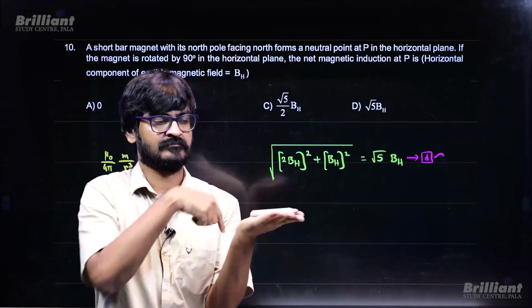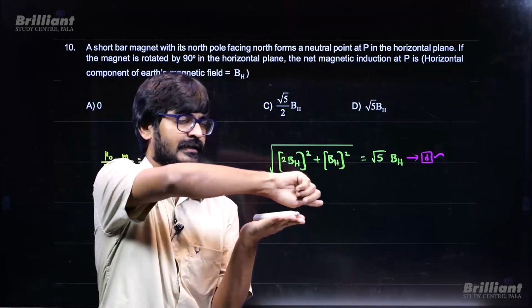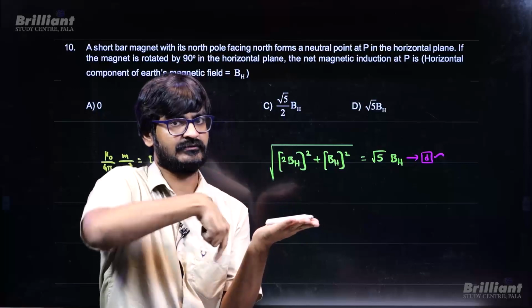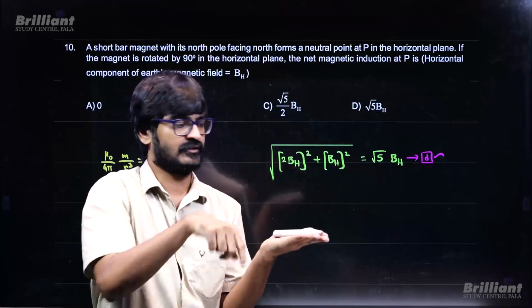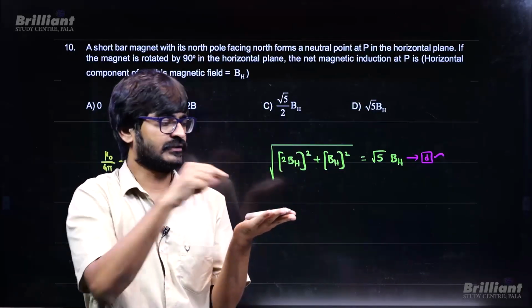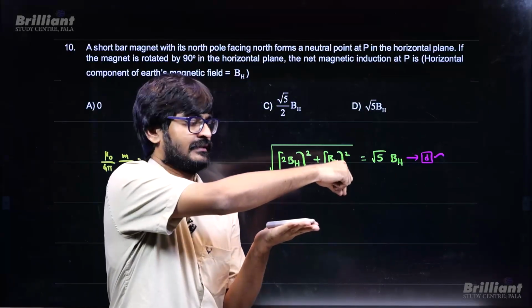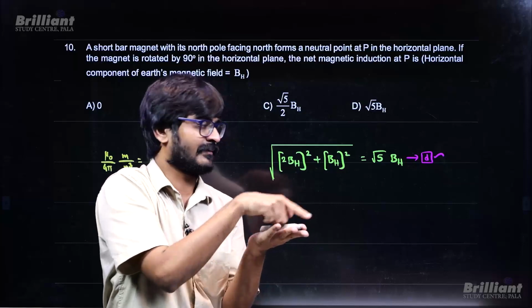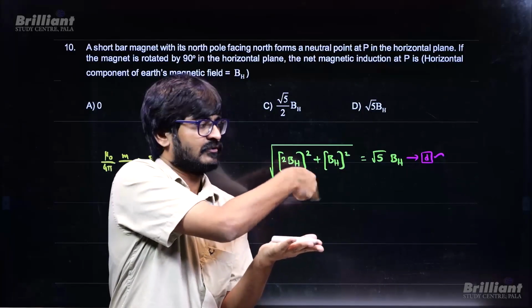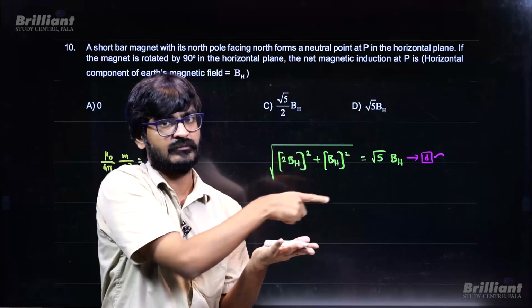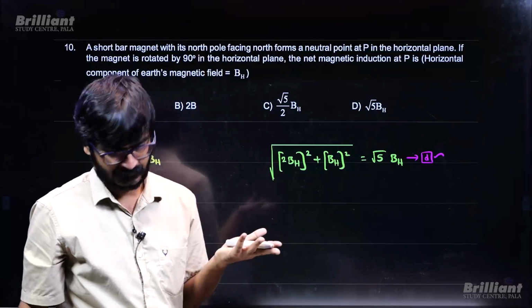If this is the magnet, then perpendicular to it the field will be in the opposite direction of the dipole. So the magnetic neutral point is going to be obtained somewhere along the perpendicular bisector, let me say somewhere here. Somewhere here the field because of this bar magnet will be in this direction, exactly cancelling the horizontal component of earth's magnetic field, right?